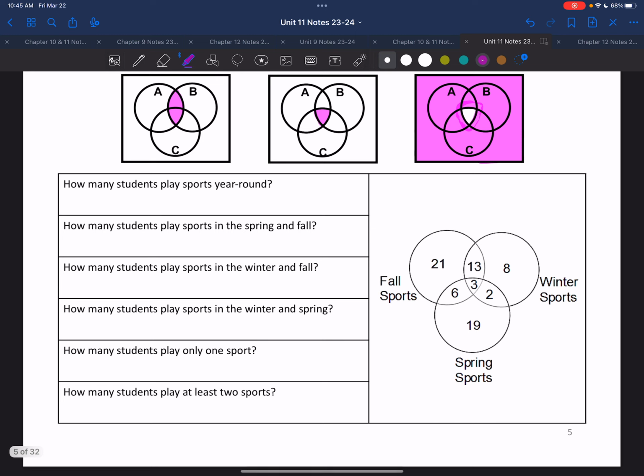All right, now, as an actual practical example, it says how many students play sports year round. So we have a Venn diagram here on the right, and it's got three different parts: fall sports, winter sports, and spring sports. If they're asking how many students play year round, really we just want to look at the students that play every single sport at this school.